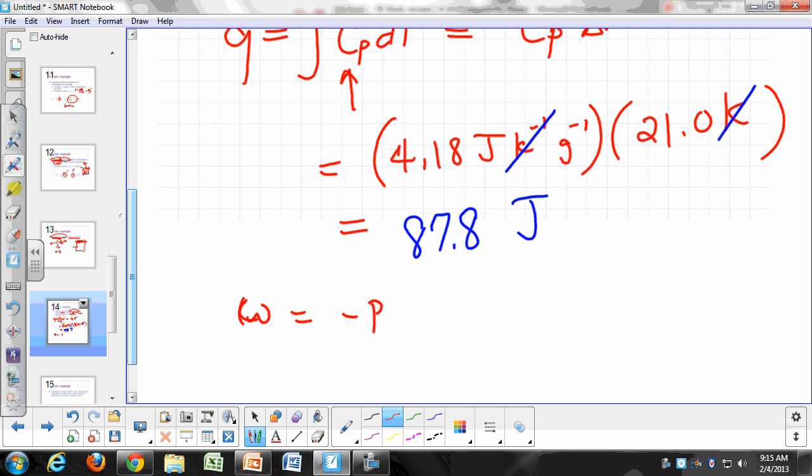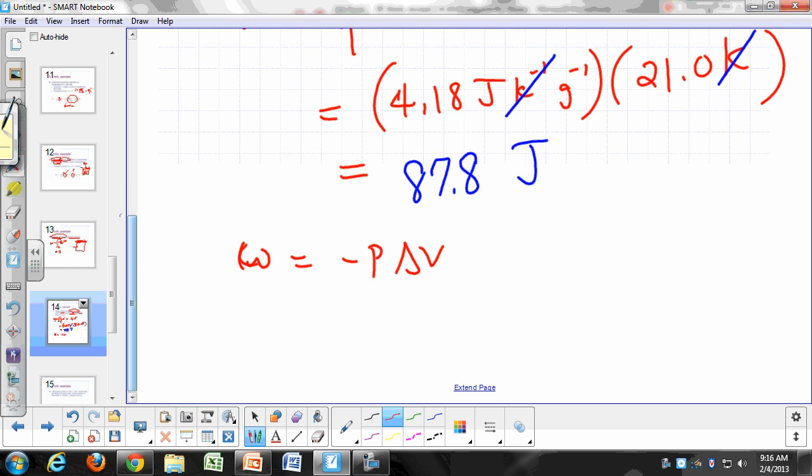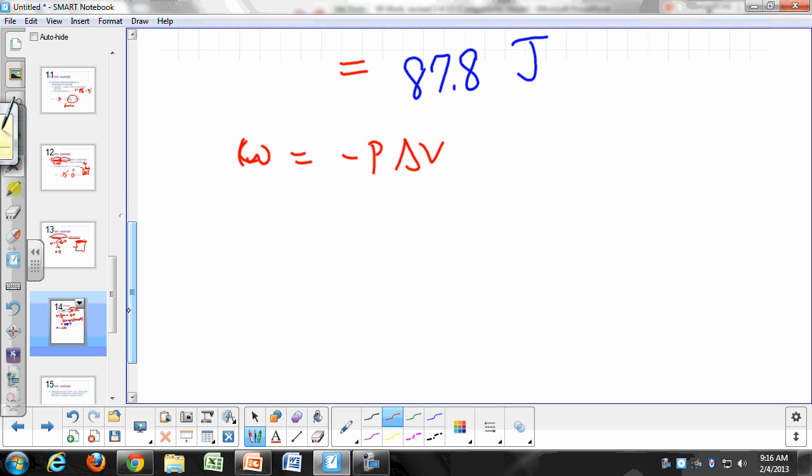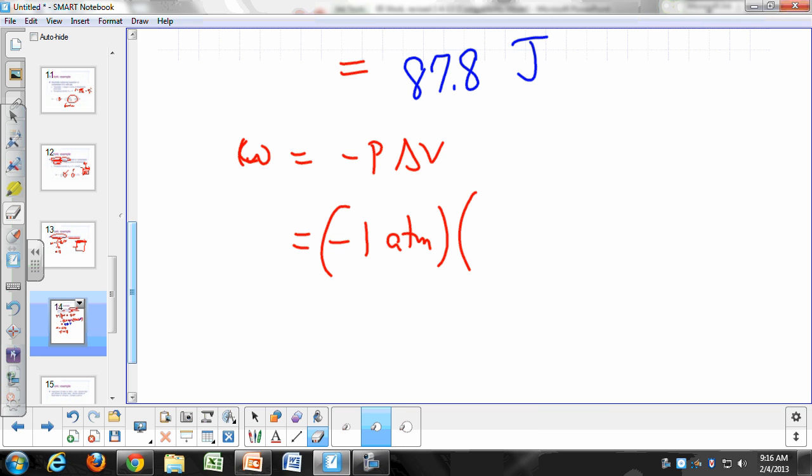Minus P delta V. P external is constant. What's our external pressure? 1 atmosphere. Let's just take that as an exact number. What's our final volume? If you know the density of water, what's the volume? Density is mass over volume.